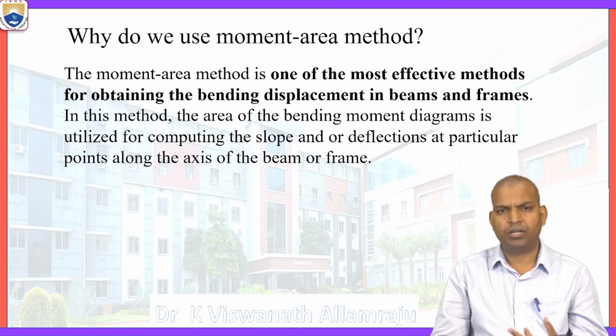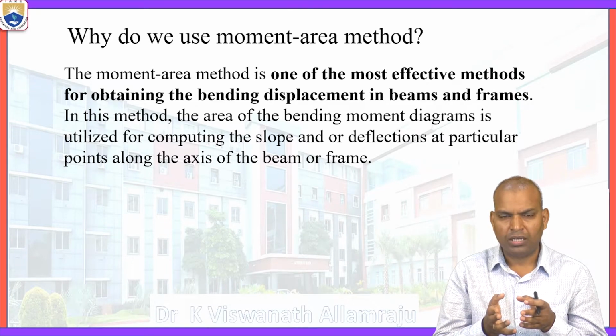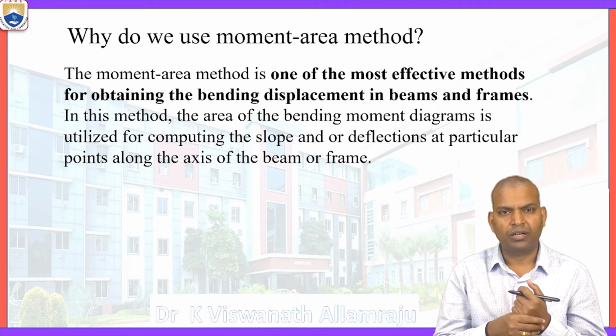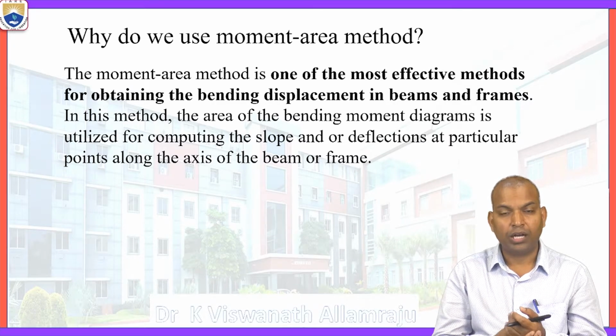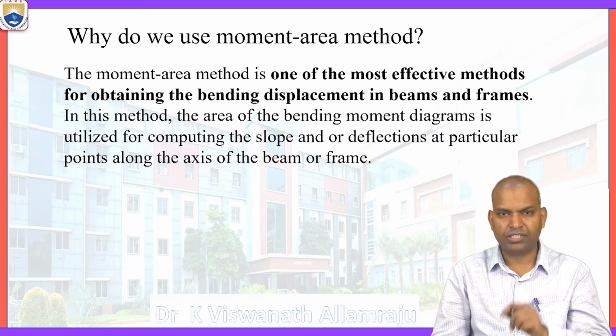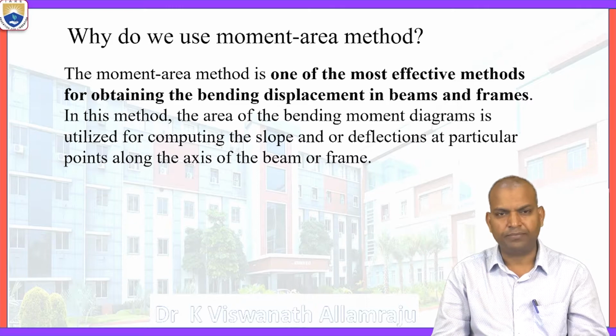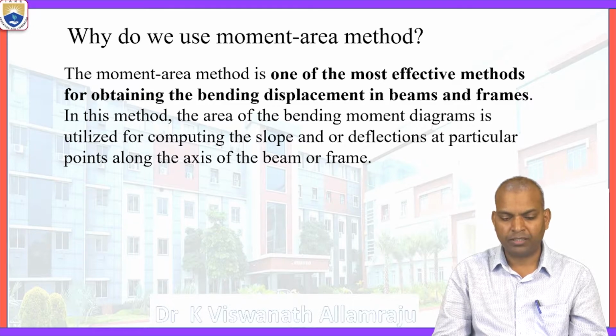And for a combination of UDL plus concentrated loads, what is the nature of the bending displacements, upwards or downwards, and what is the quantity of those vertical displacements? So there are various methods, but here we are going to study the moment area method.